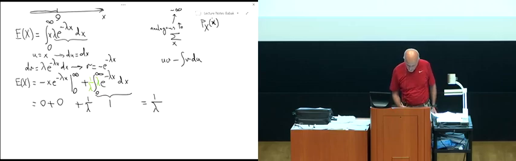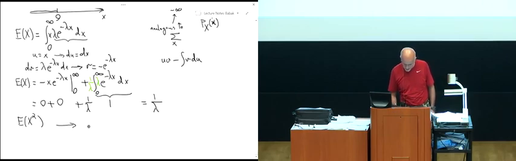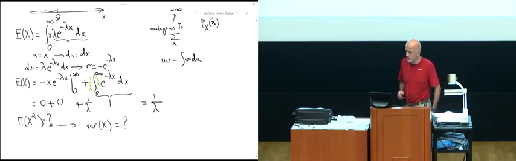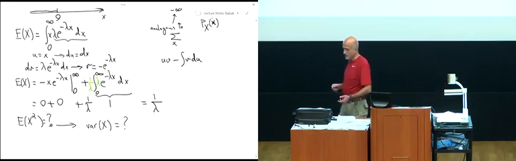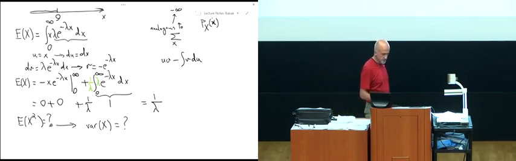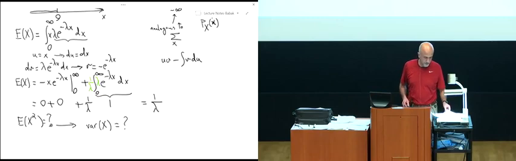I'm going to leave it to you to figure out what the second moment is, and from there to show what the variance of x is. So the second moment is also going to involve integration by parts, and I'm going to leave these for you to do on your own. So it gives you the same kind of practice I just gave you for the mean. All right?